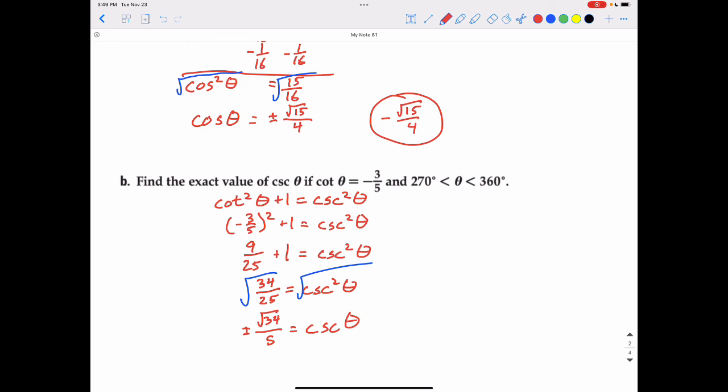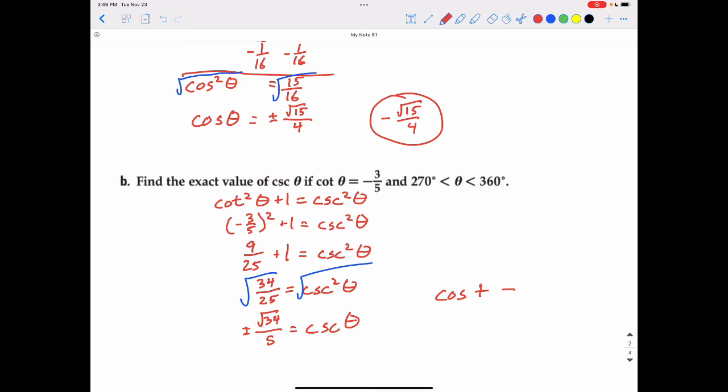And again, we're dealing with between 270 and 360. Well, 270 to 360 is quadrant 4. And thinking about our mnemonic, which is all students take calc, calc stands for cosine, so cosine is positive in quadrant 4.